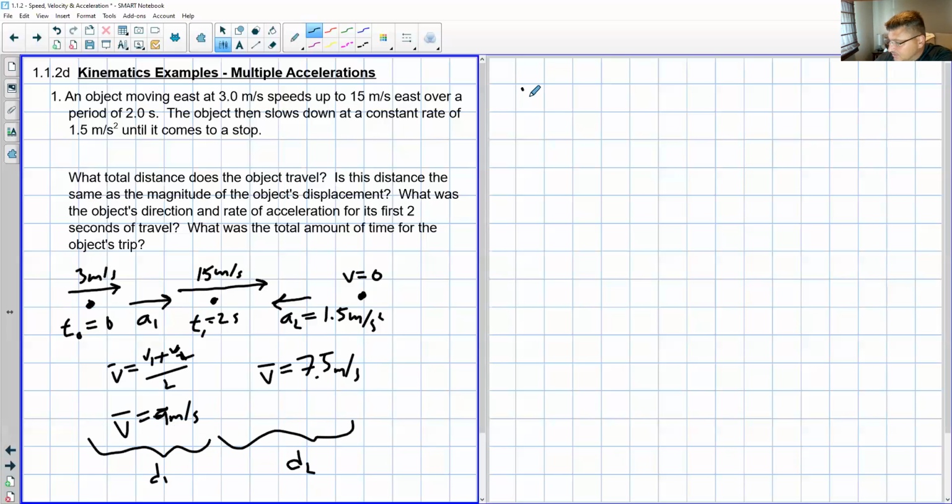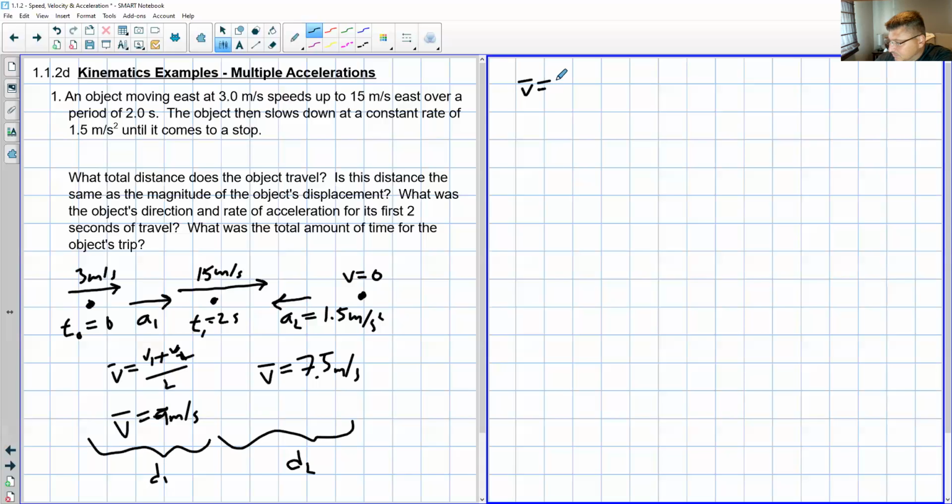Since V average is equal to D over T, I know that 9 meters per second equals D over 2 seconds. So we've got 18 meters of travel for this first segment.